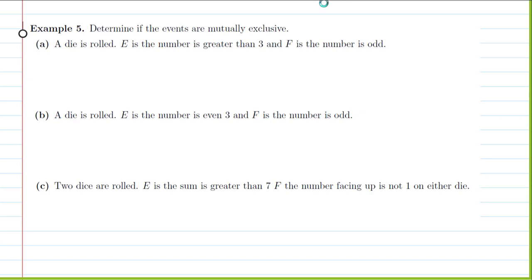Are those two events mutually exclusive? Well, let's enumerate the things in E. If the number is greater than 3, the number could be 4, 5, or 6. And F is that the number is odd, so it could be 1, 3, or 5.